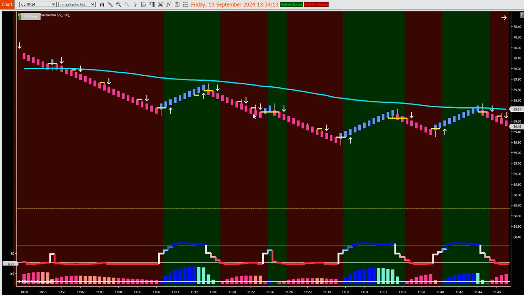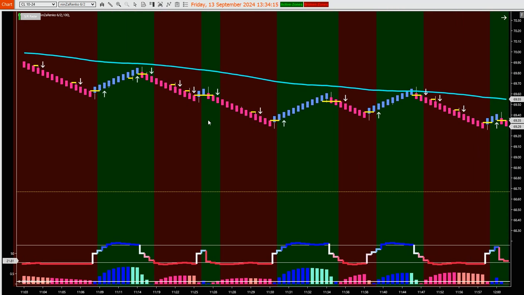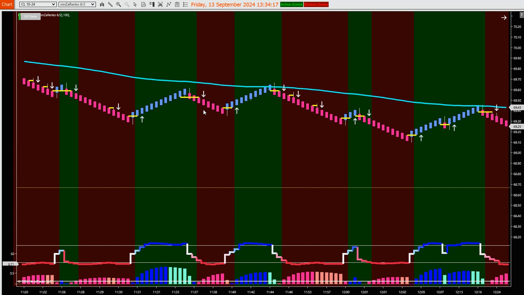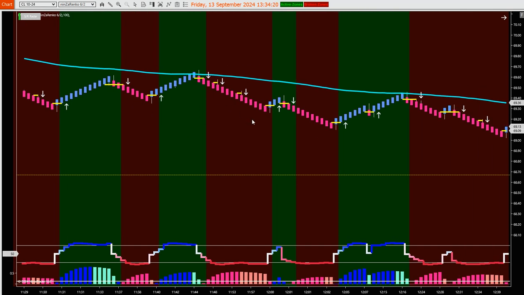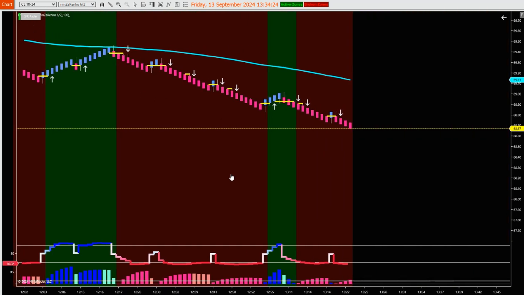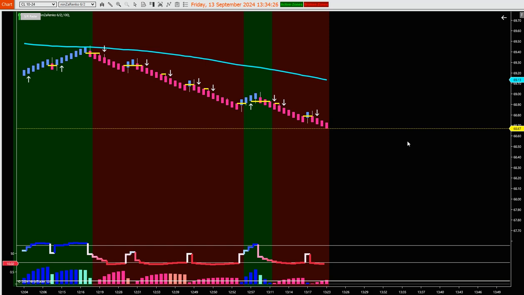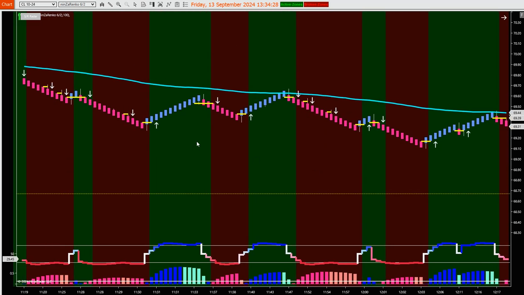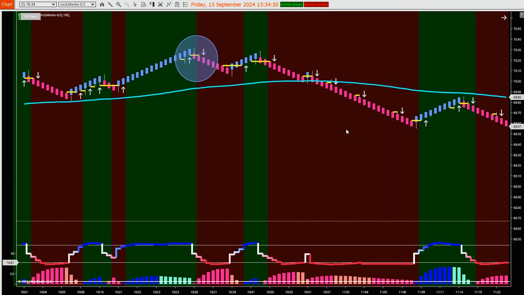Good, good, good, good, good, good, good, good. So if you would have traded just the arrows today, you would have had 1 loss all day. That's it. So I hope that helps.